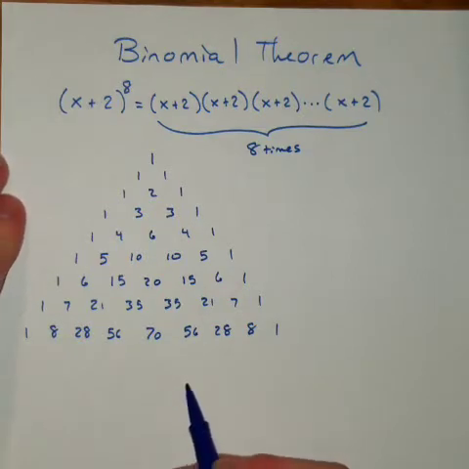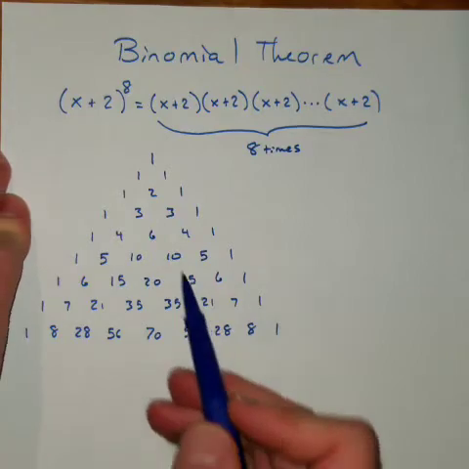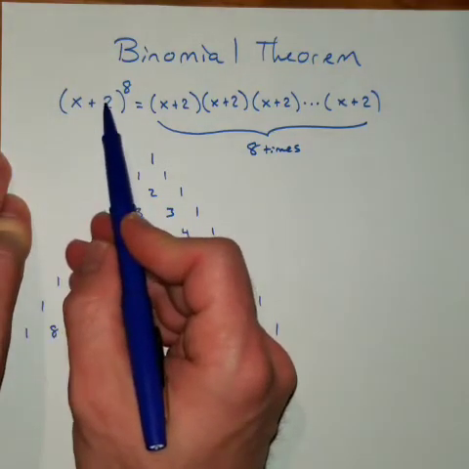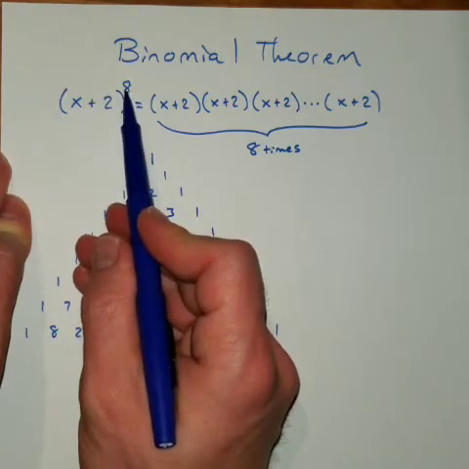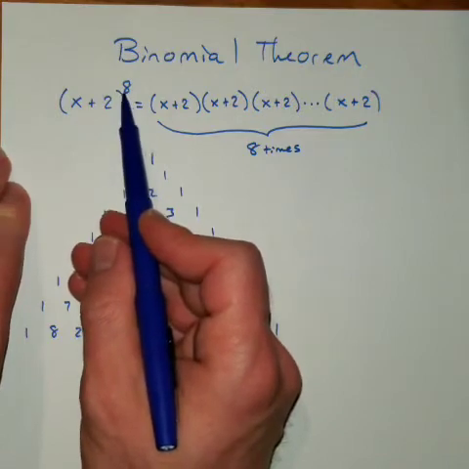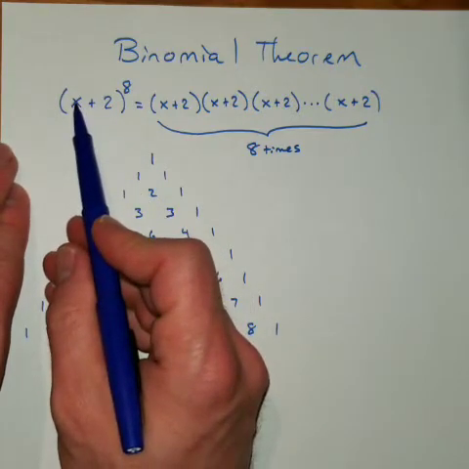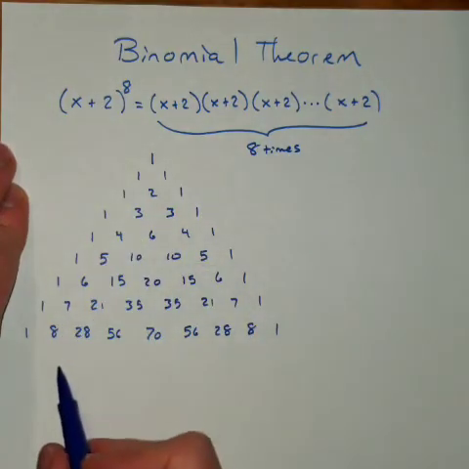Now remember what I said in the last video, that these are the coefficients, but then you take each term and you use different powers that need to add up to 8 for each term. They decrease with the x and increase with the 2. Alright, so let's run through that.